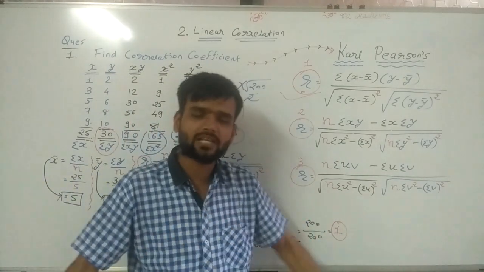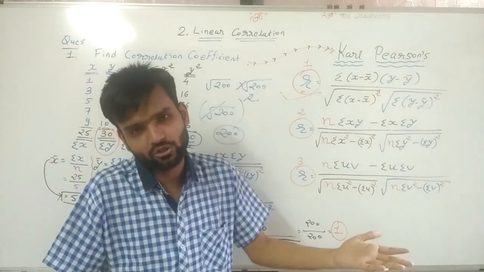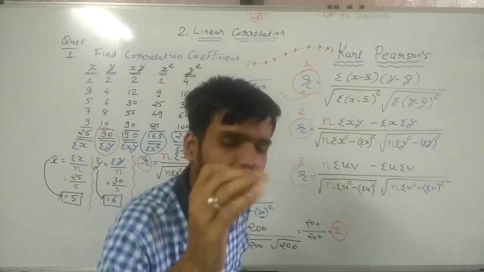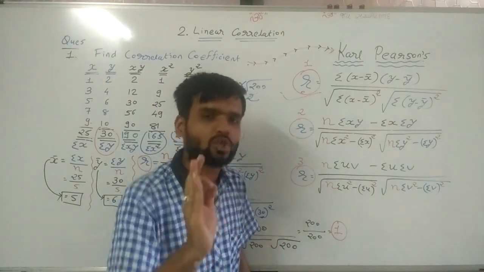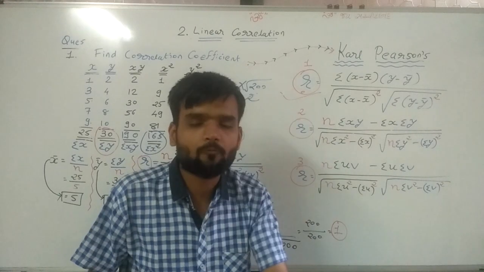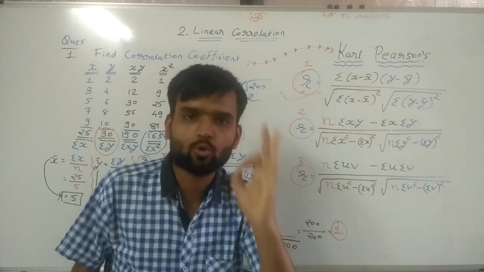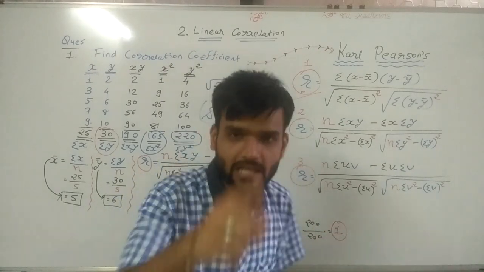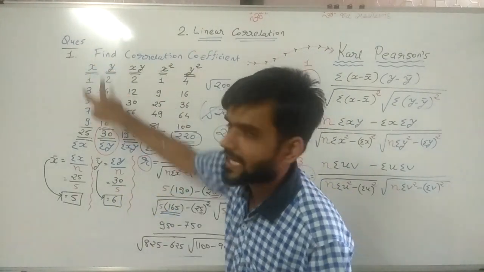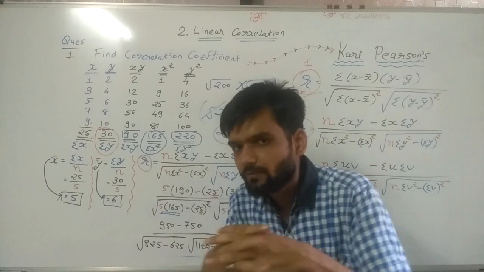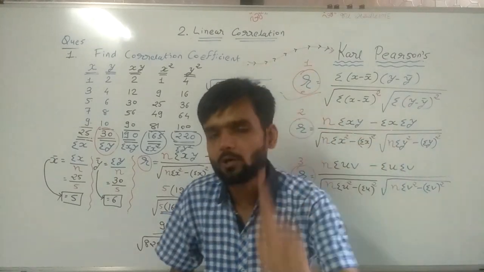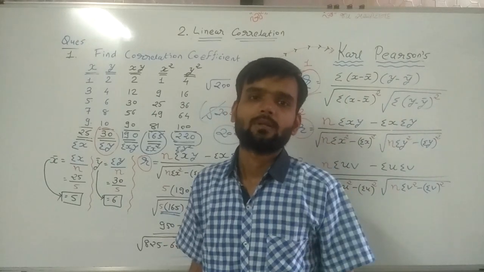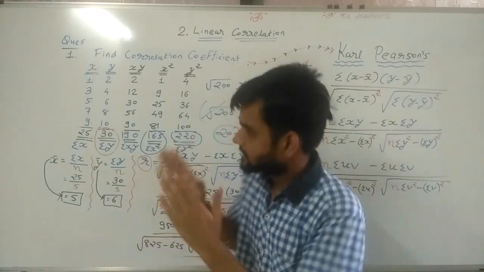The answer remains the same. Answer is 1. So what is the interpretation of the correlation coefficient? Perfect positive correlation. If the answer is 1, then the correlation between x and y shows perfect positive correlation.